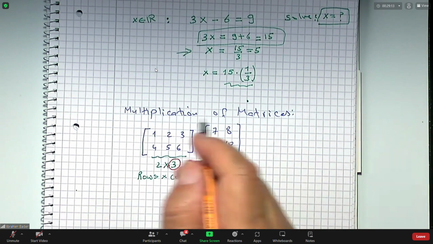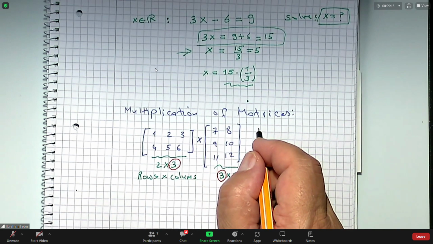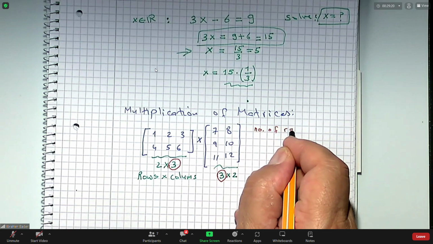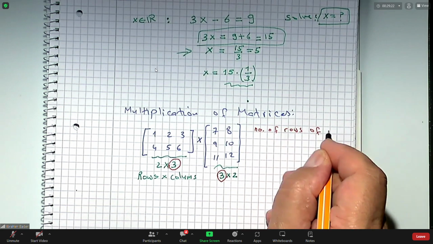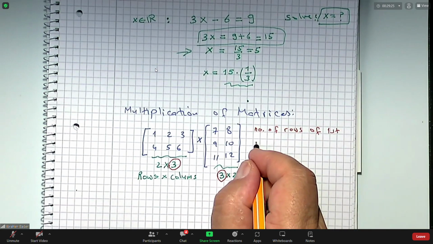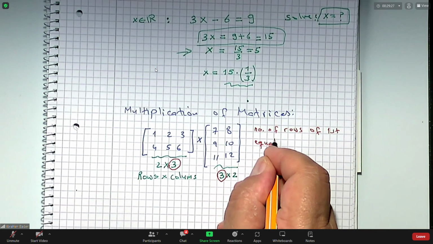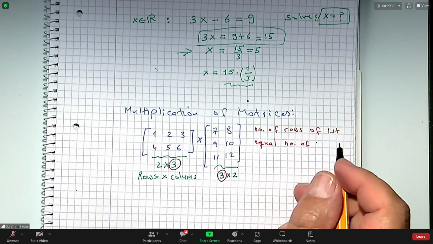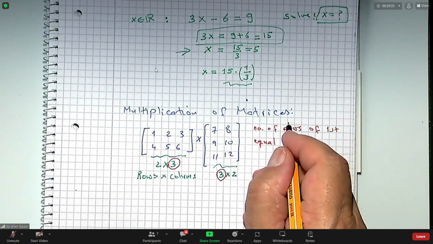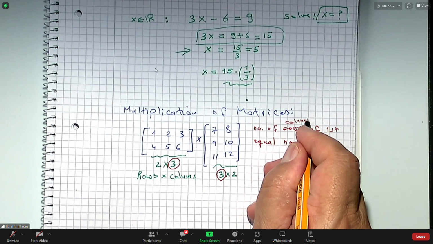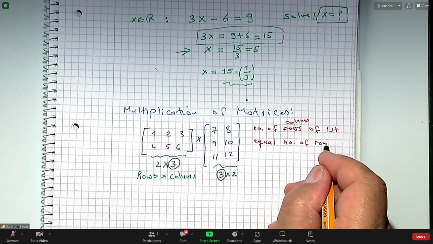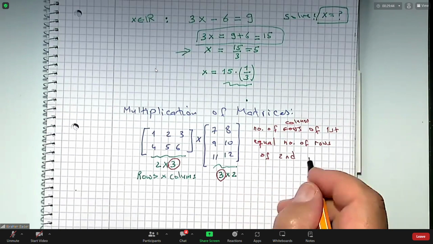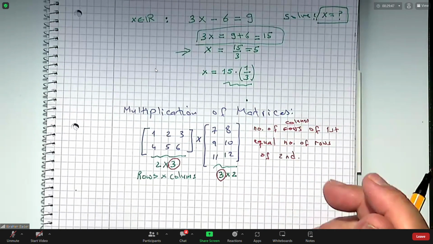So this is defined if the number of columns of the first matrix is equal to the number of rows of the second matrix. Why is this the case?